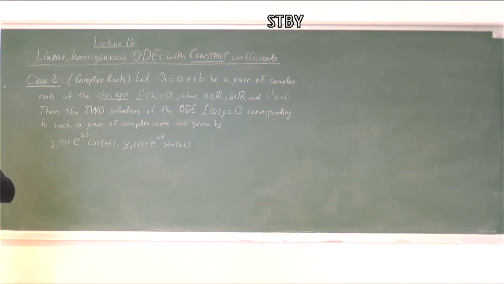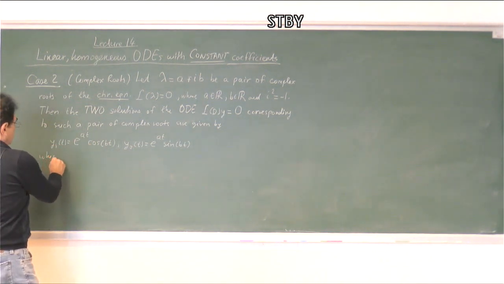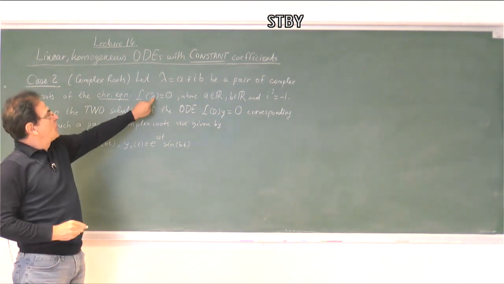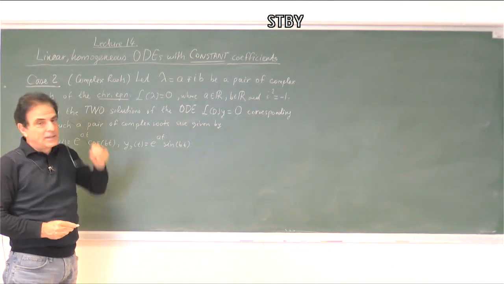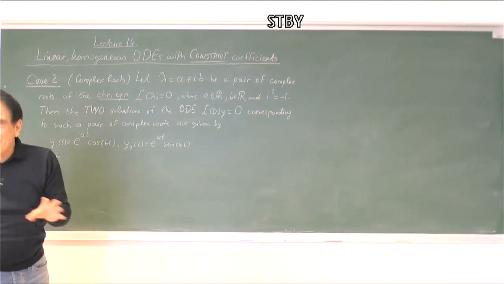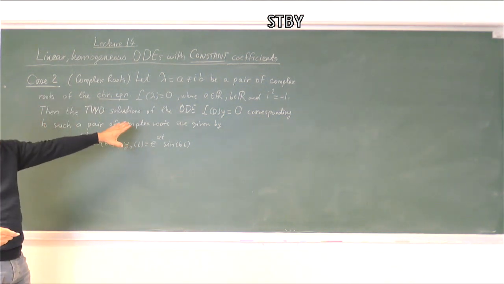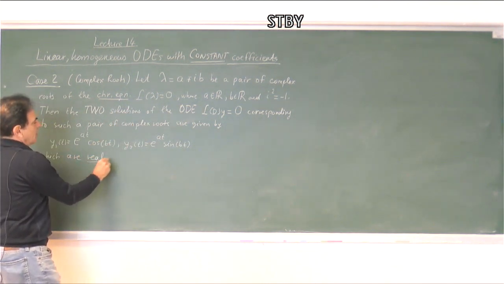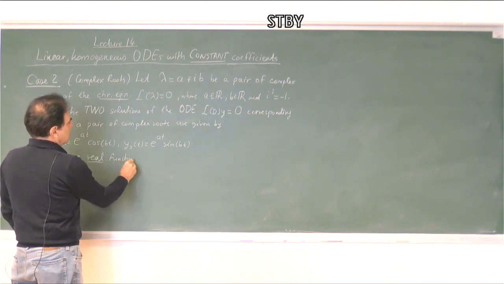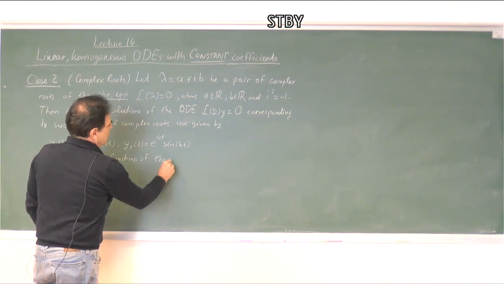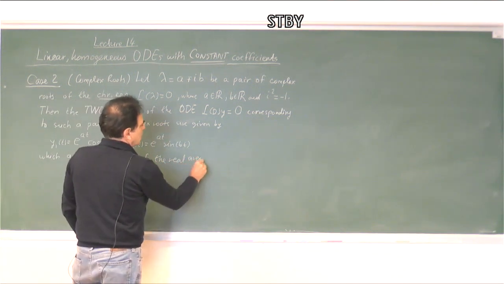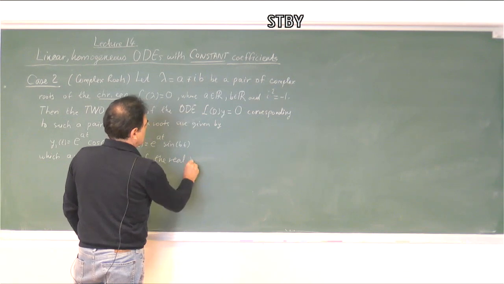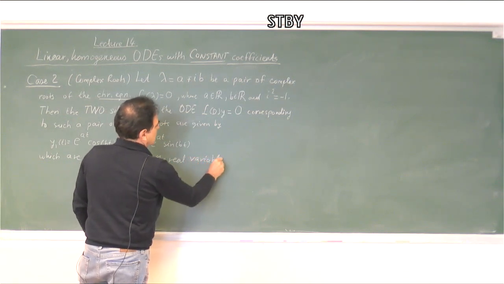Okay, so which are, look, obviously the root of the characteristic equation is complex, but we generate two real functions of the real argument, or real variable, t.